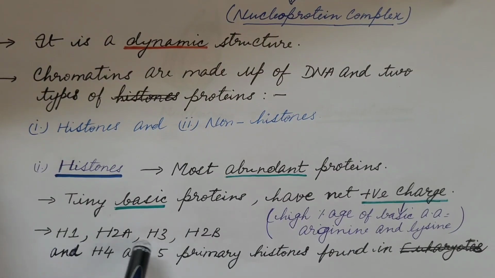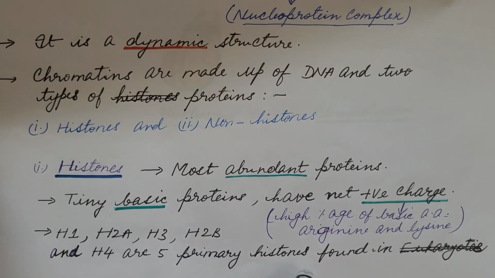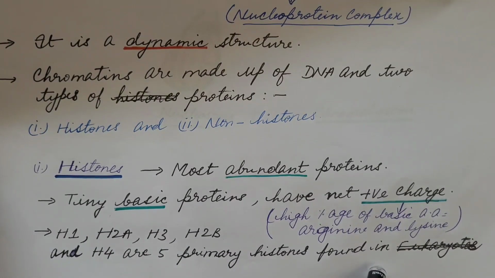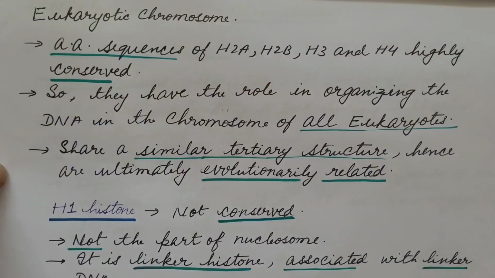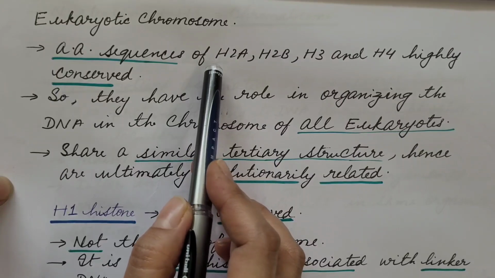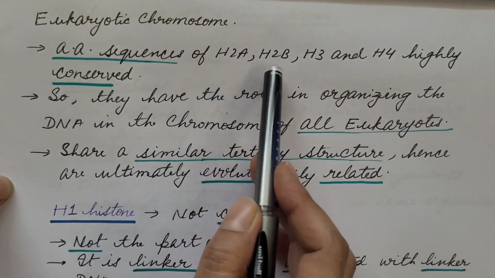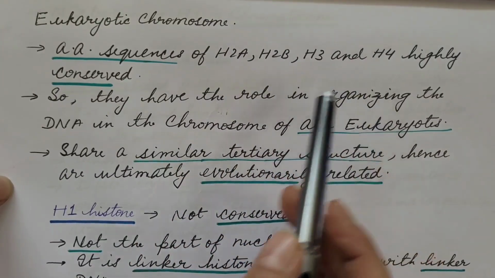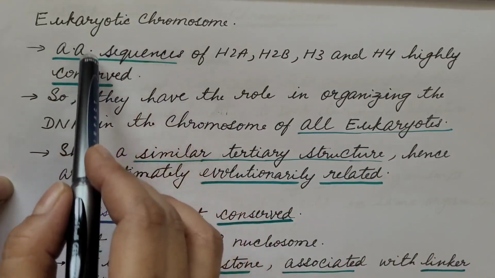H1, H2A, H3, H2B, H4 are the five primary histones found in eukaryotic chromosomes. Among the five histone proteins, four histone proteins, H2A, H2B, H3 and H4, have highly conserved amino acid sequences.